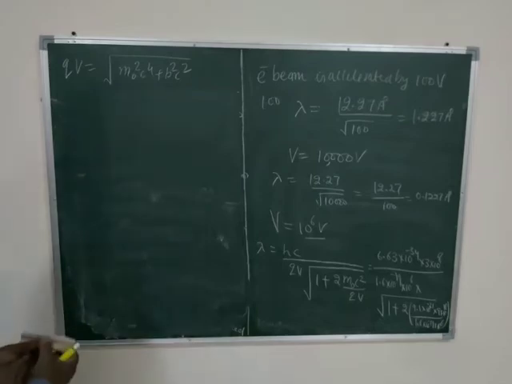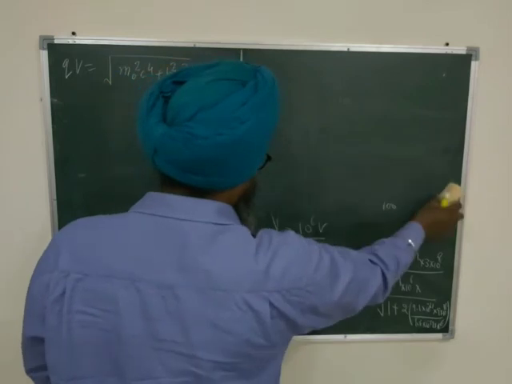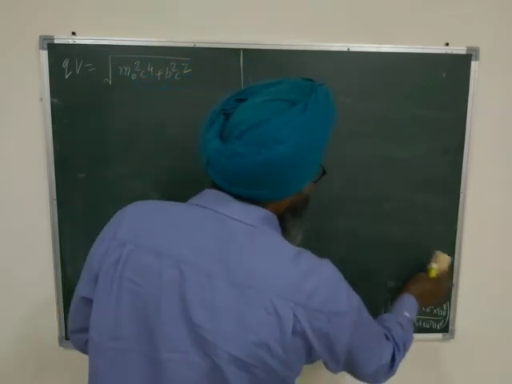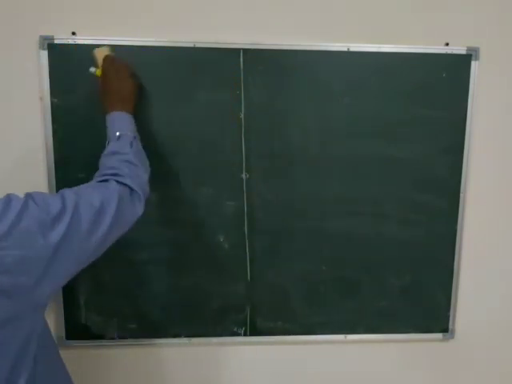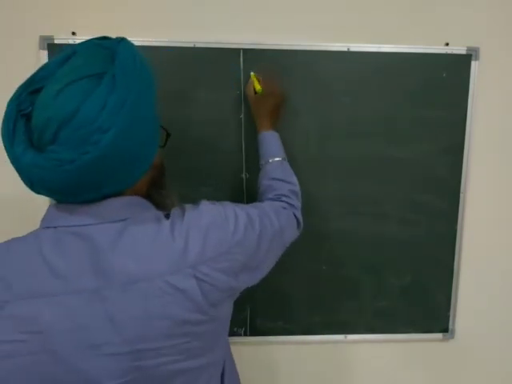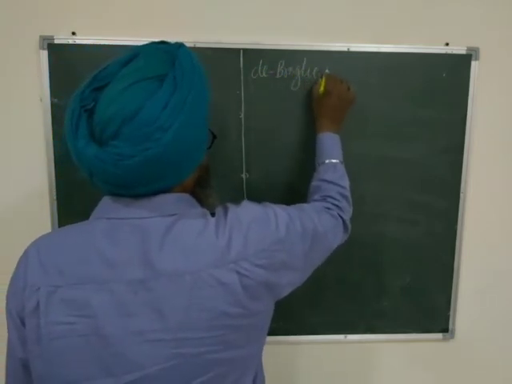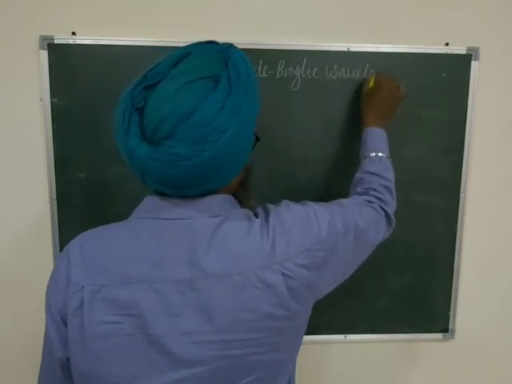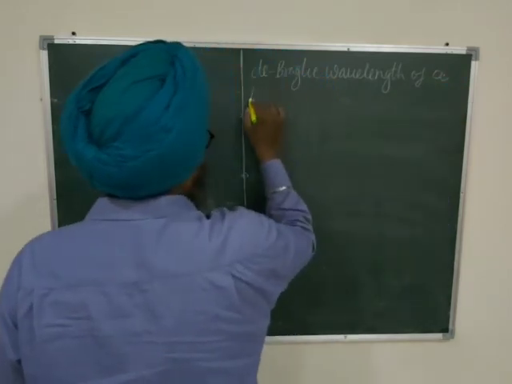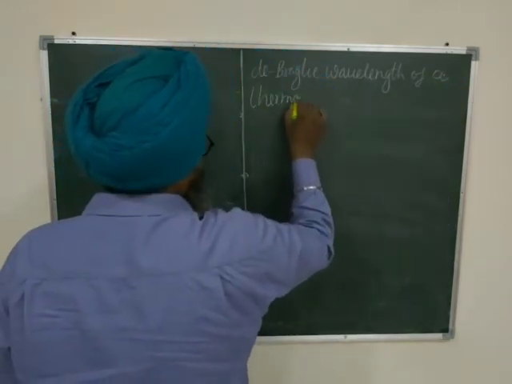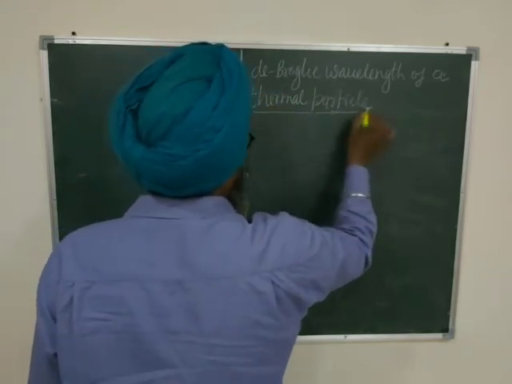Let us now discuss the case of a neutral particle, that is the de-Broglie wavelength of a thermal particle, like neutron.